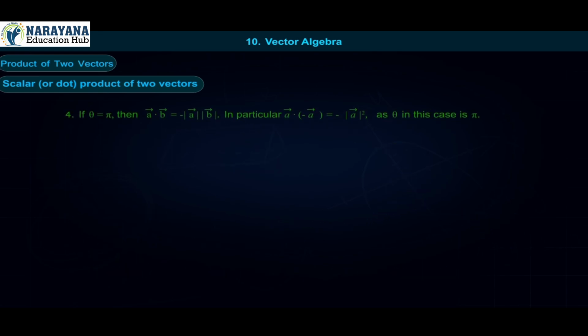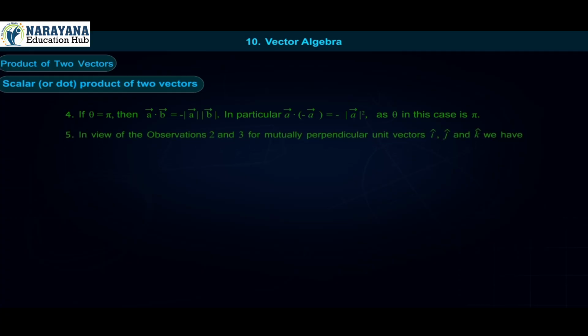Number 4. If θ = π, then vector A · vector B = -|A| |B|. In particular, vector A · (-vector A) = -|A|², as θ in this case is π. Number 5.